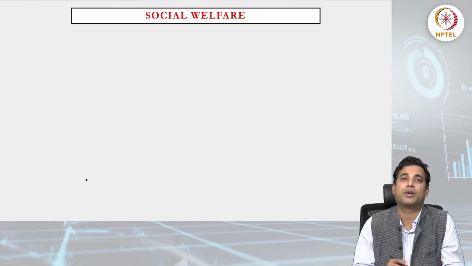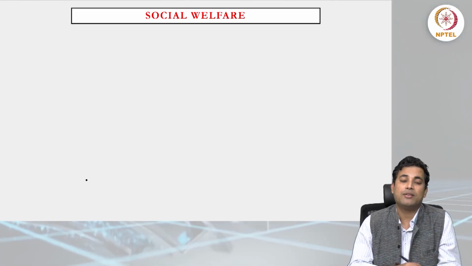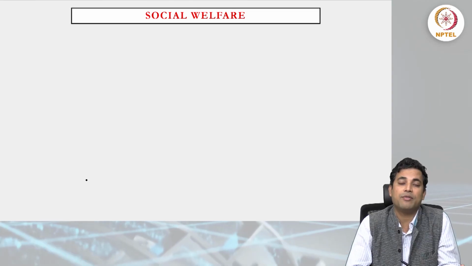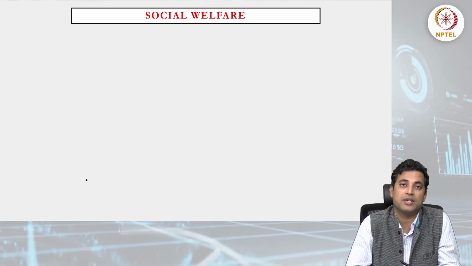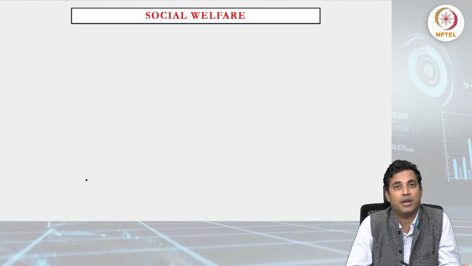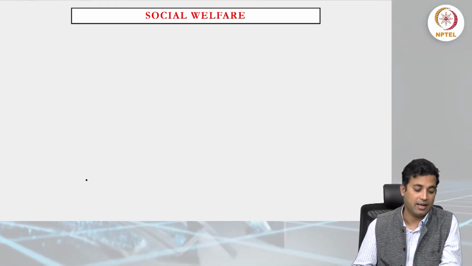That is very important for us to understand. And this social welfare function is also very important while understanding equity and efficiency, which we will talk about in more detail in our ensuing lectures.